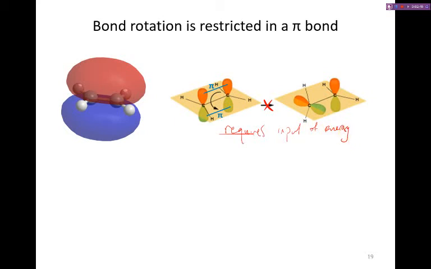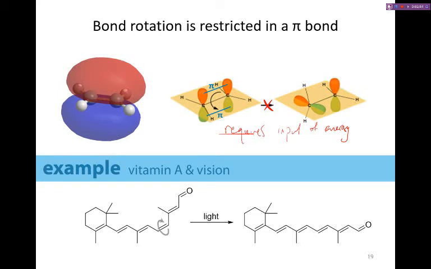And our bodies take advantage of this necessary energy that's required, and that's how we can see. There is a molecule in our eyes that is light sensitive. And because of all of the double bonds that are within the molecule, it requires energy to rotate. When light hits that molecule, when we see something, in other words, it shifts the orientation or the conformation of that molecule.